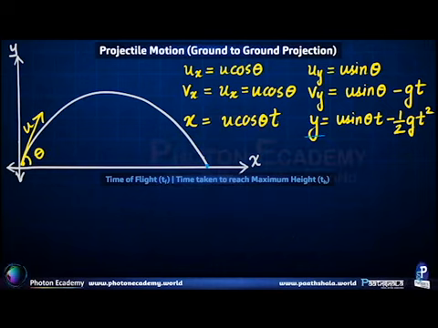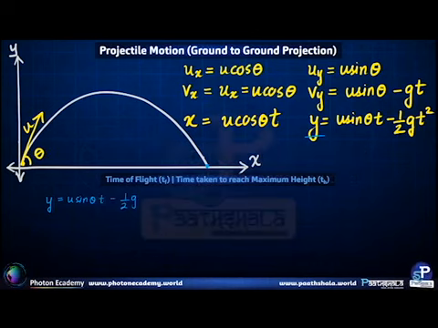So understanding this, what we can write down as y, according to the equation, is equal to u sine theta t minus half gt square. Since at time of flight y is going to become 0, we can put it down as 0.